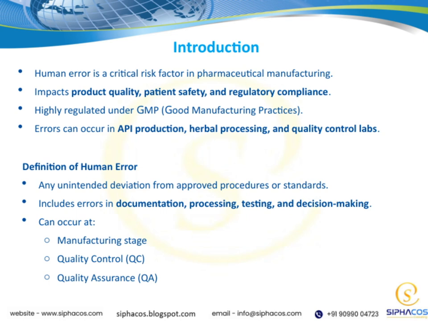Errors can happen not only in the production of active pharmaceutical ingredients, or APIs, but also during herbal processing and within quality control laboratories. Understanding these points helps us to see why controlling human error is a key part of ensuring product quality and safety across the entire manufacturing process.